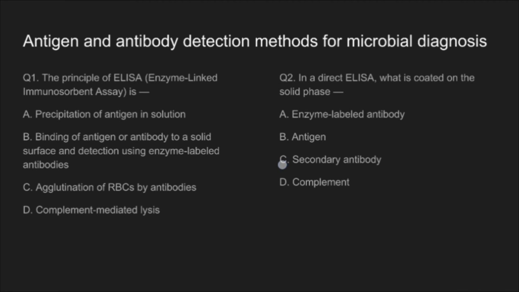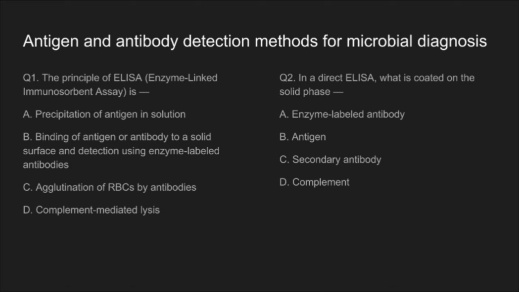Now we have next topic, that is antigen and antibody detection method for microbial diagnosis. So first question from here is the principle of ELISA, that is enzyme linked immunosorbent assay, is A. Precipitation of antigen in solution, B. Binding of antigen or antibody to a solid surface and detection using enzyme labeled antibodies.